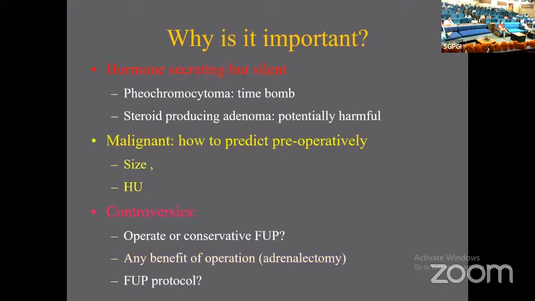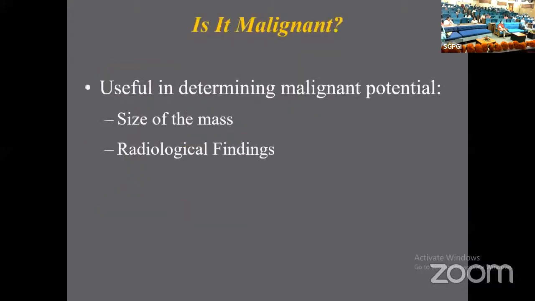So the second important question that we have to answer is whether a particular adrenal lesion is malignant or not. Now, 2 factors have been taken over the different studies and over many years, which I also use in my practice: one is the size of the mass and the other is a radiological finding.